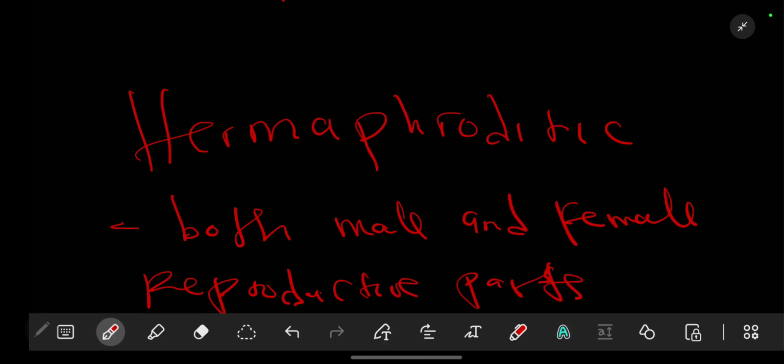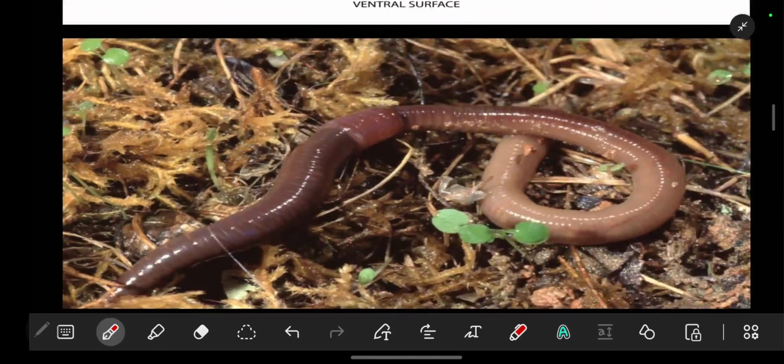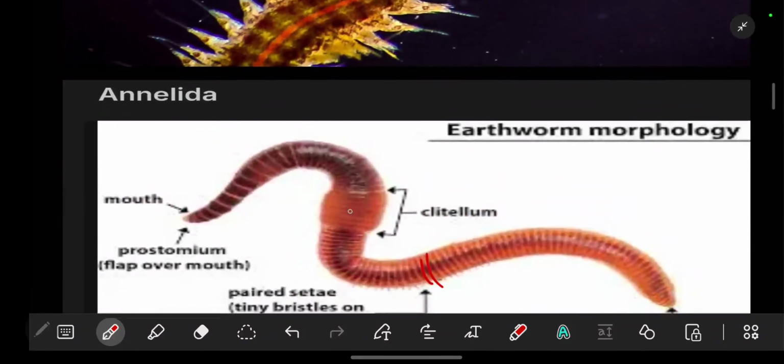That means they can fertilize themselves, but they mostly prefer not to. For example, in the earthworm, the sexual part is the clitellum, which is this part. So they contain both the male and the female reproductive parts.